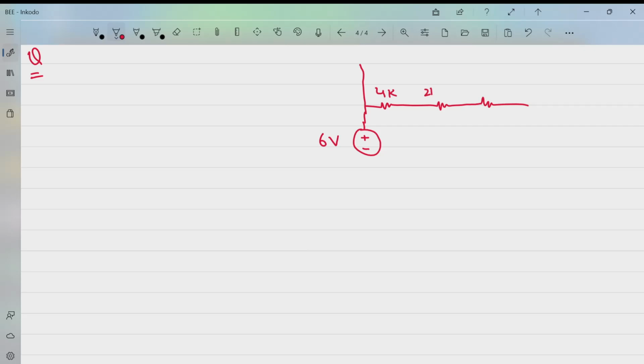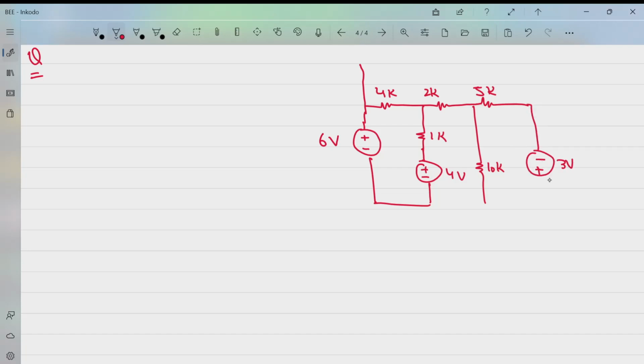This is 4K, this is 2K, this is 5K, this is 1K, 4 volts, 10K, 3 volts, this is 3K.